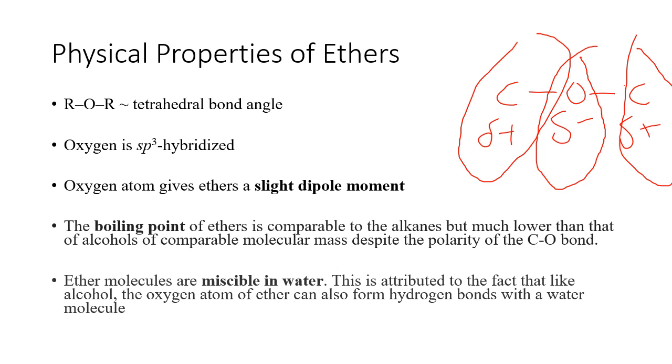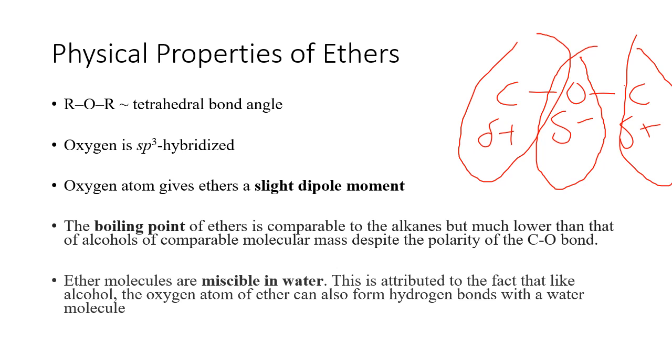As we said, it is a slight dipole moment, which means they can only do slight, small, weak interaction, compared to alcohols, which can make hydrogen bonds between each other. If we have methanol, two methanol molecules can do hydrogen bonding, so that makes the alcohol boiling point much higher than ethers. So the ethers have a boiling point very comparable to hexane, heptane and octane. So the presence of the oxygen doesn't add much to their boiling point. And compared to alcohols, their boiling points are much lower, as we have discussed earlier.